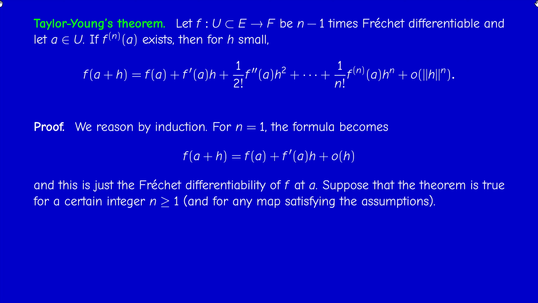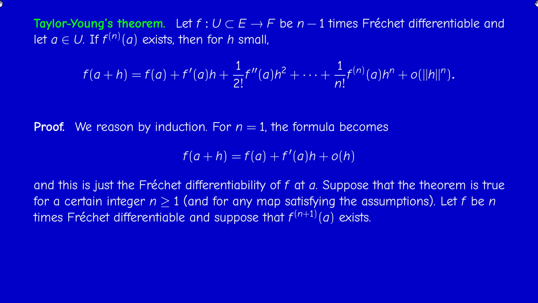And now suppose that the theorem is true for a certain integer n, and for any map satisfying the assumption, so for any map which is n times Frechet differentiable at the point a. Now we take another map f, which is n plus 1 times differentiable at a, because I want to prove the theorem for n plus 1. So I have to assume that the (n+1)th derivative of f at a exists.